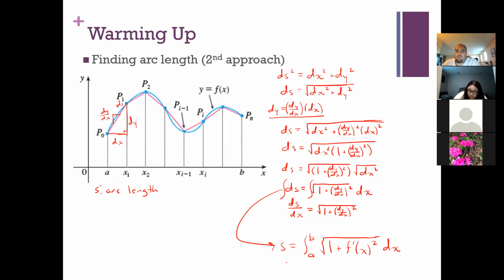So in general, we're going to think about our arc length like this: integrating over some interval, the square root of 1 plus f prime of x squared. Like I said, we're going to be using this quite a bit, so it's a pretty important idea.